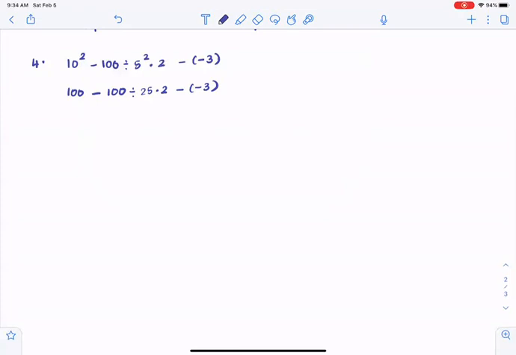Common mistake, people would say 100 minus 100, answer is 0. Now, this is where people get riled up on Facebook or social media. It is not 0. You've got to perform things in order. We're going to do addition and subtraction at the very end. So the thing that we've got to focus on is multiplication and division. As I go from left to right, I'm not going from right to left, I'm going from left to right.